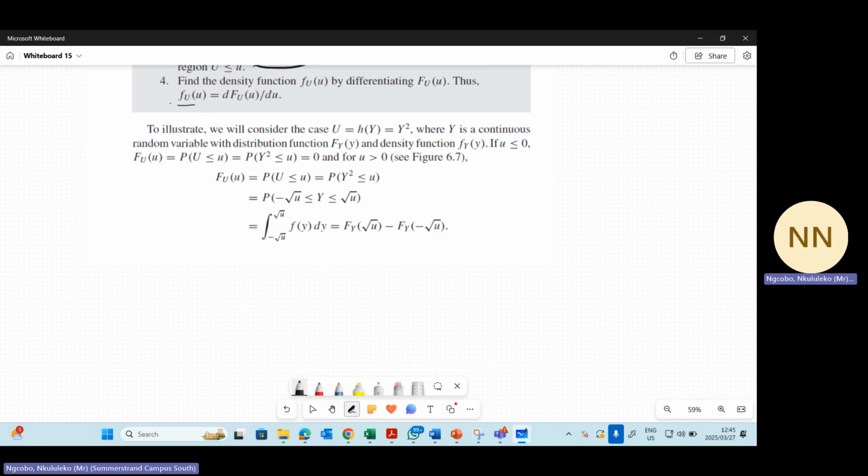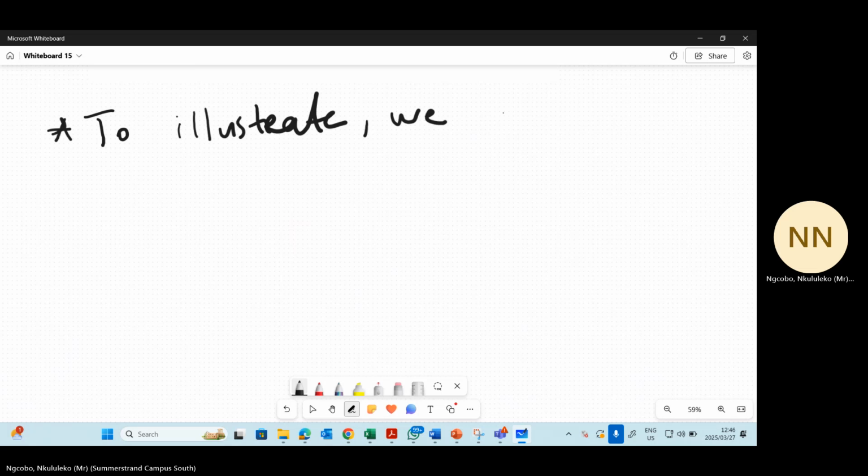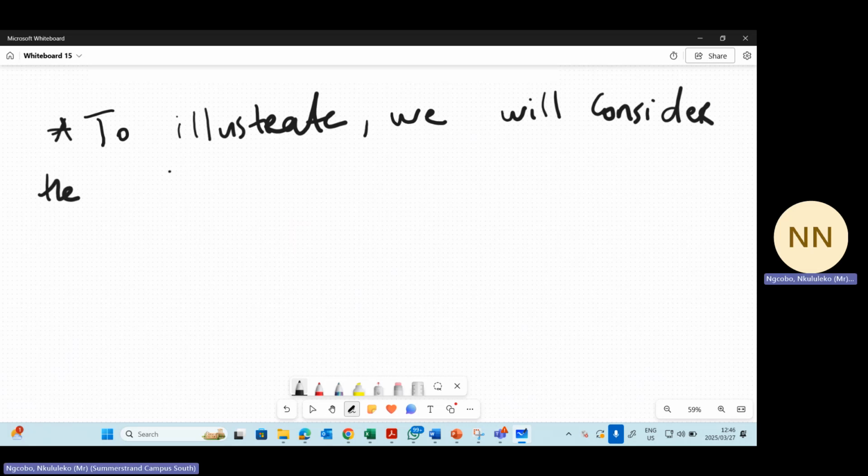Let's illustrate this, right? To illustrate, we will consider the case of u being a function of y as y squared, right?